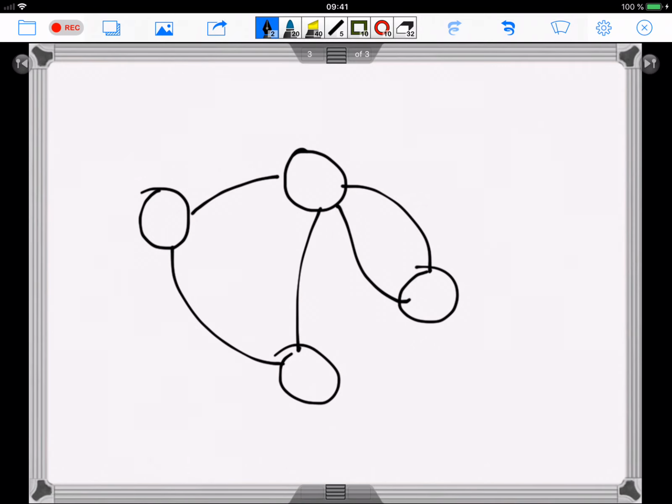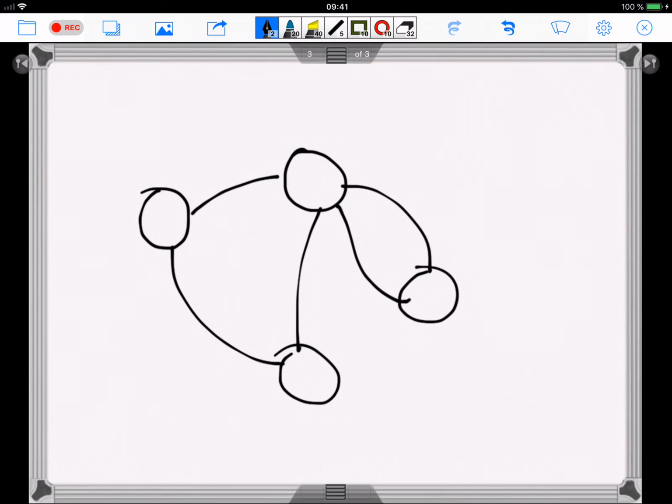And from here, you need another one to go out. And maybe at that time you close the cycle. But whenever you go to a new vertex, you need another edge that you have not used in order to go out. So every time that you enter, you need another edge to go out.